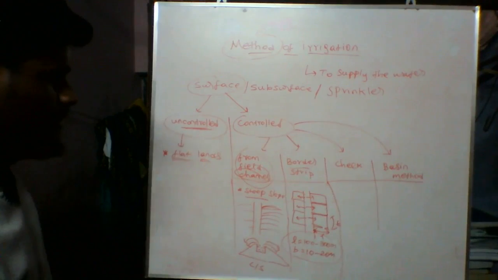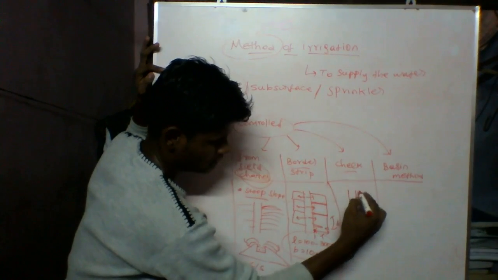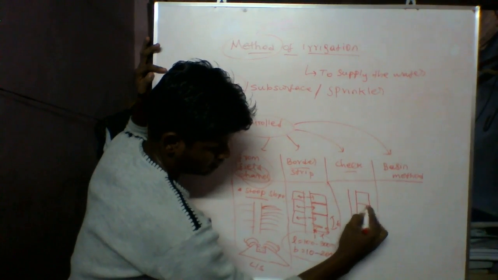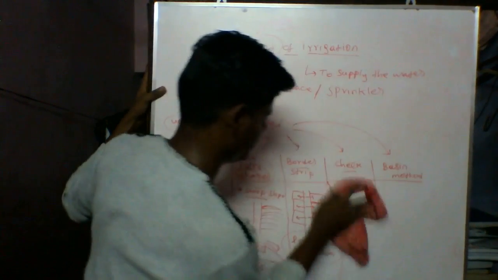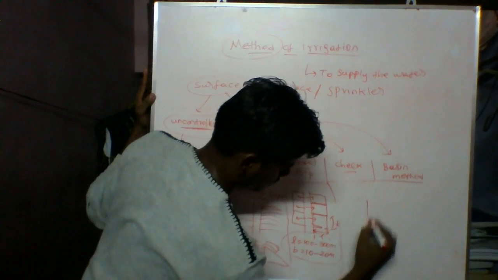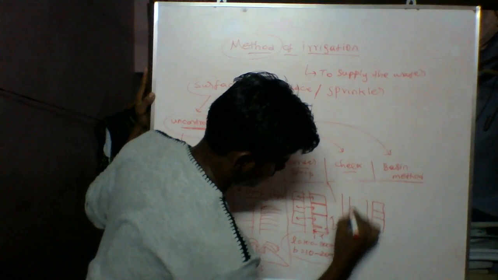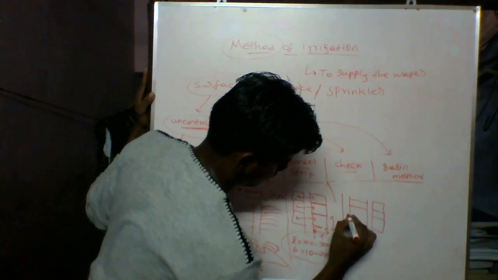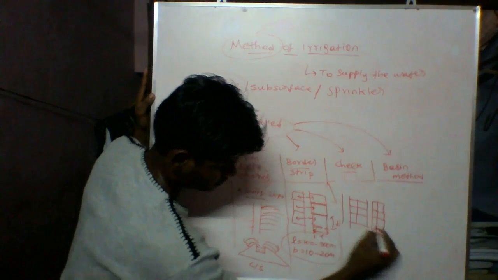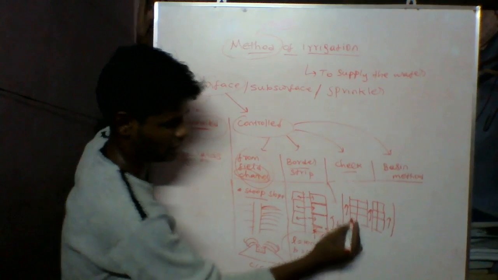So another one is the check method. This is a canal on this side, and this is another canal. These are the lands.